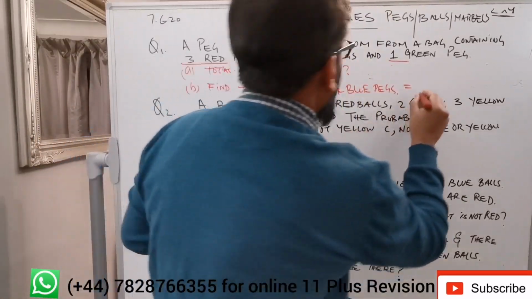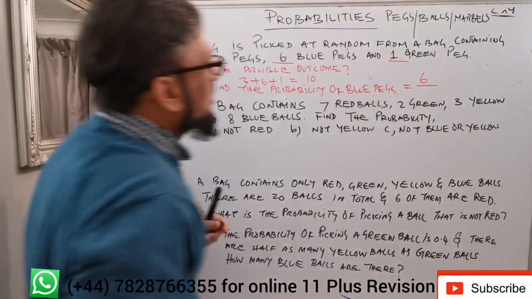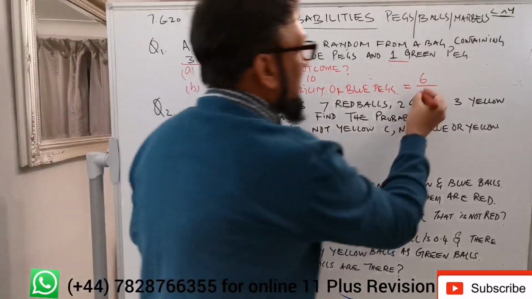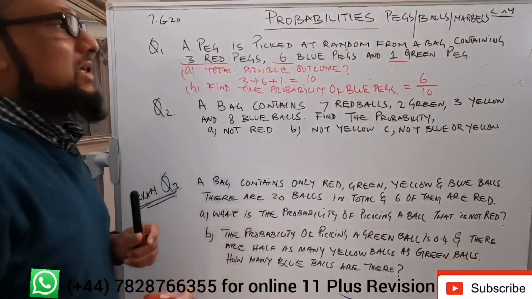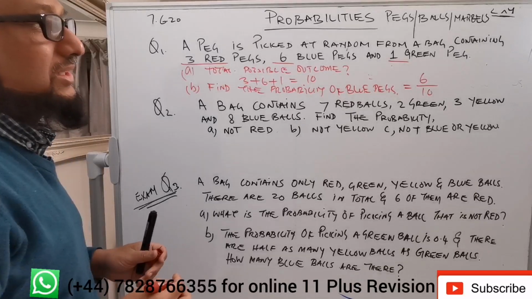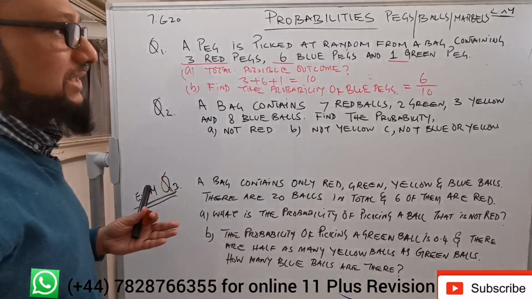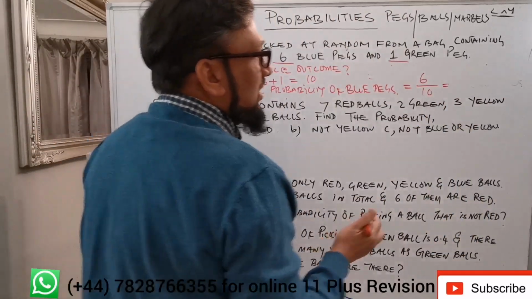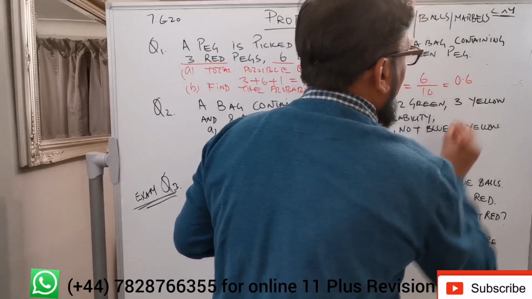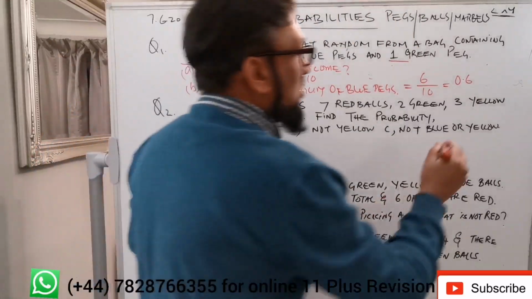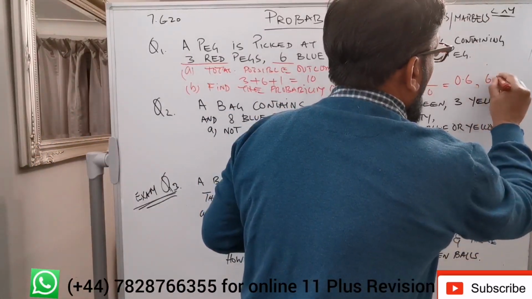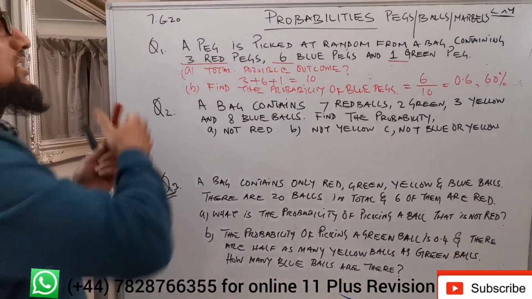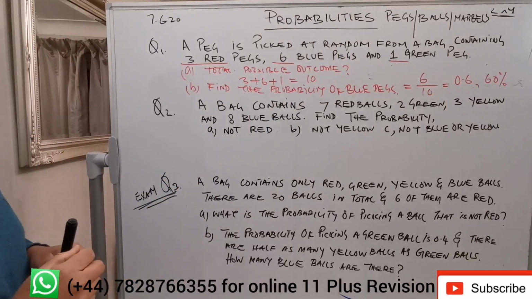Blue packs are 6, and the total number of possible outcomes, which we already found, is 10. An answer has to be in fraction, decimal, or percentage. If I go for decimal, it will be 0.6, and if I go for percentage, the answer will be 60%. So this is question number 1.